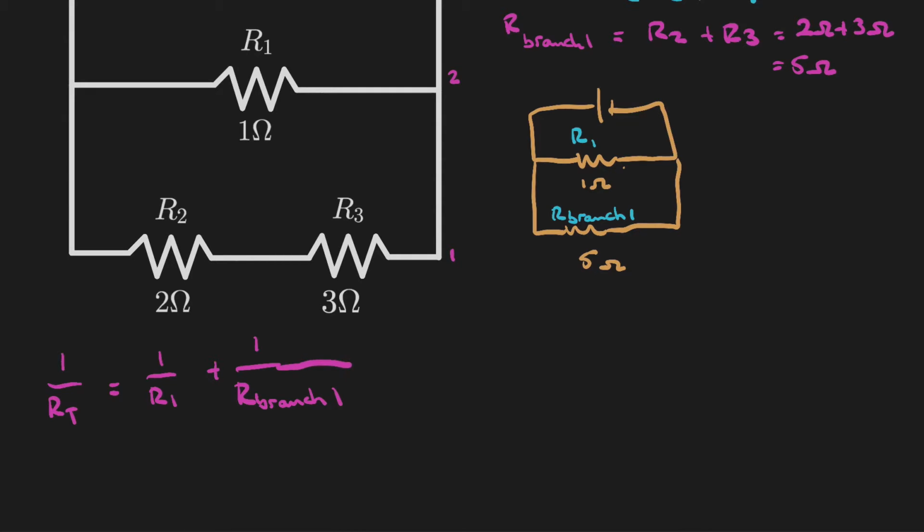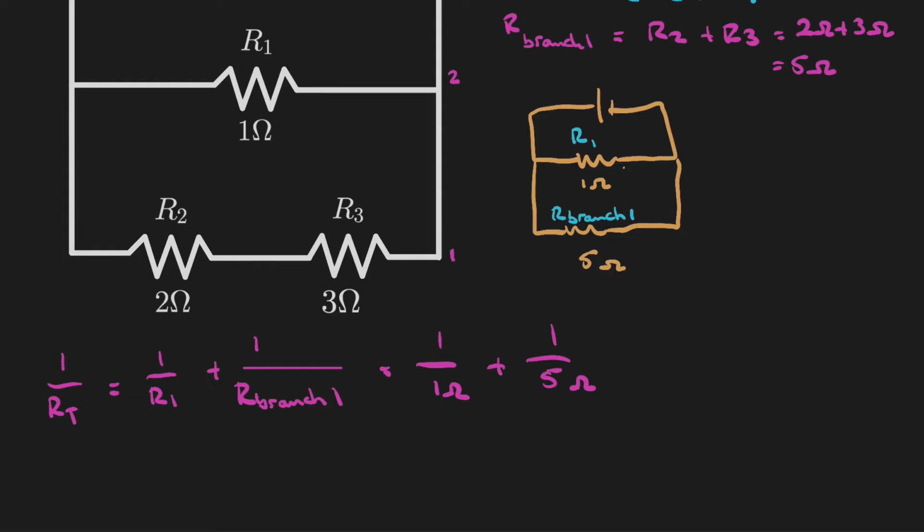There we go. So that is equal to 1 over 1 ohm plus 1 over 5 ohms.